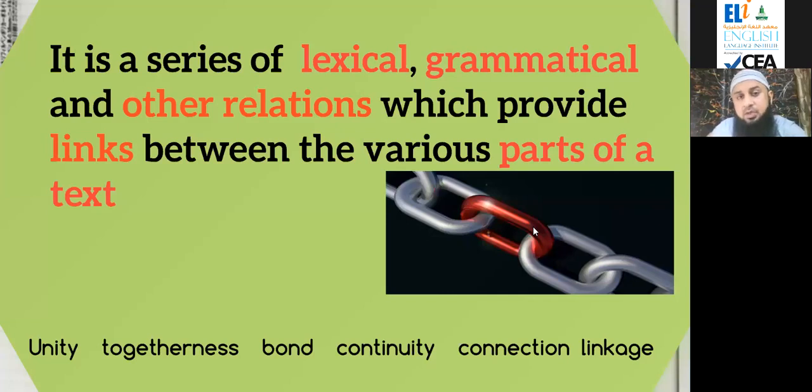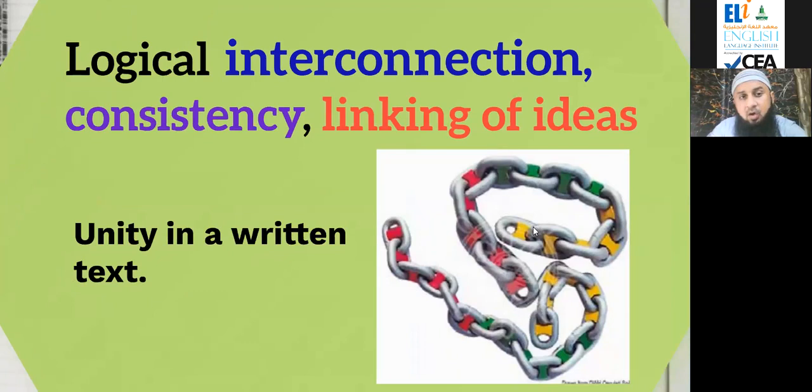So these expressions or cohesive devices bring togetherness or logical interconnection, consistency, linking of ideas, unity in a written text. This is what coherence is. So cohesion is togetherness with words and expressions, linkers, cohesive devices, and coherence is linking of ideas, that one idea is linked to another.